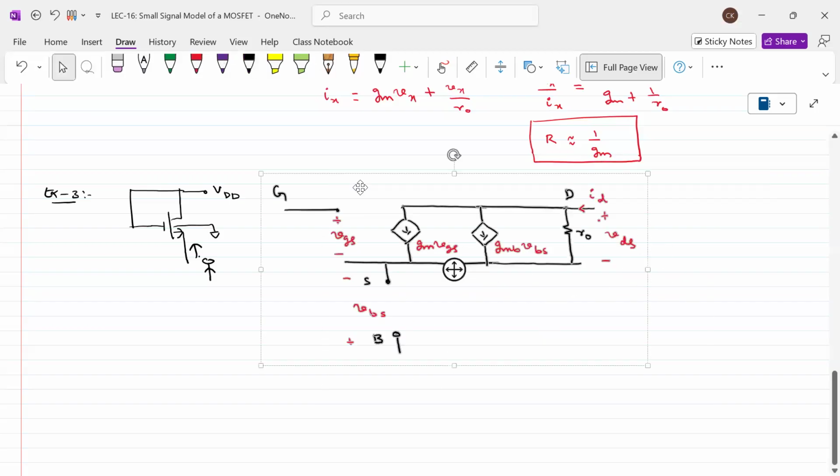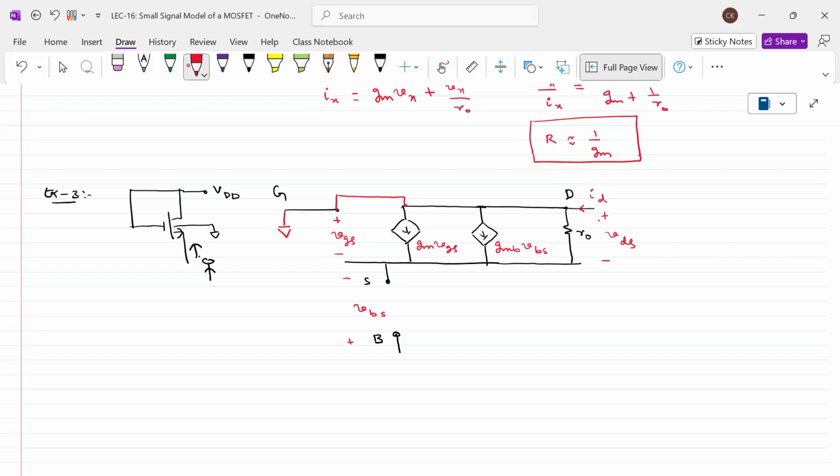This is the MOSFET model. So what are the connections? Please let me know. What about the gate and drain? Both are at the same potential. But what must it be connected to?